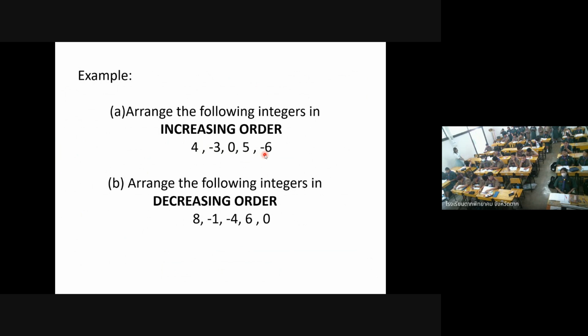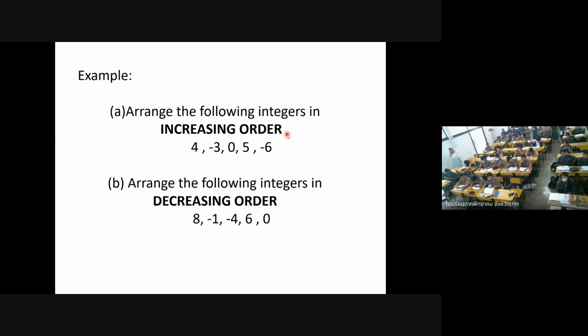Okay, again, for letter A, we're gonna arrange the given integers in increasing order. Again, what does increasing mean? So let's have this. First, in a given integer line, let's try to plot the numbers.